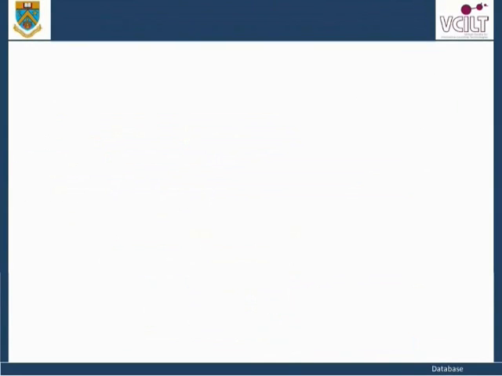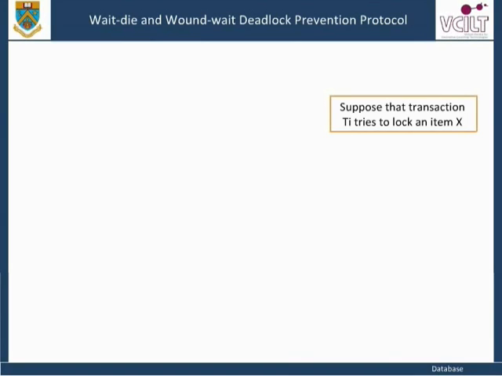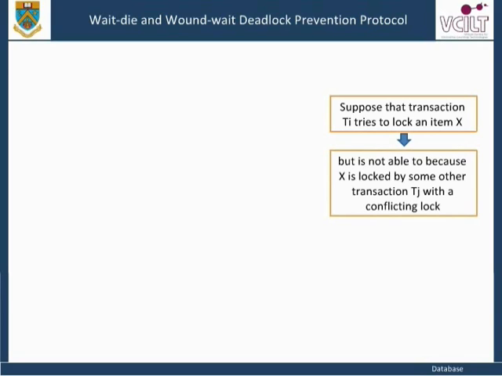Let's discuss the wait-die and wound-wait deadlock prevention protocols. Suppose that transaction Ti tries to lock an item X, but is not able to, because X is locked by some other transaction Tj with a conflicting lock. The rules followed by these schemes are as follows.